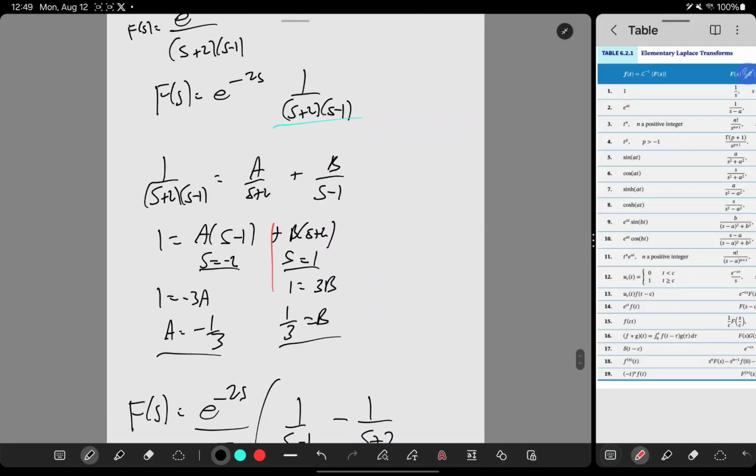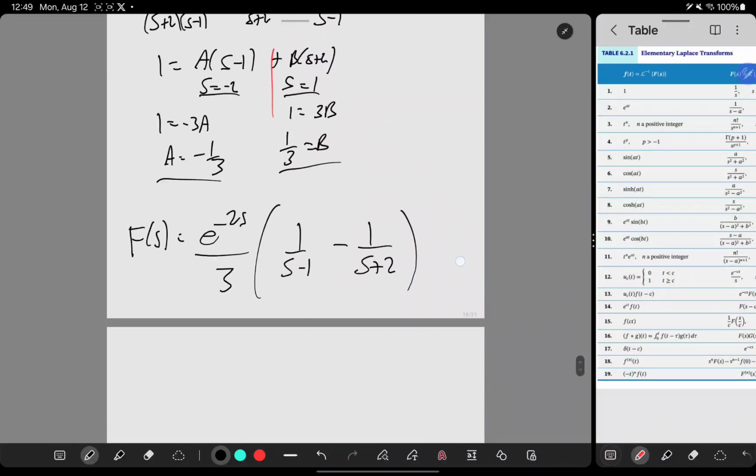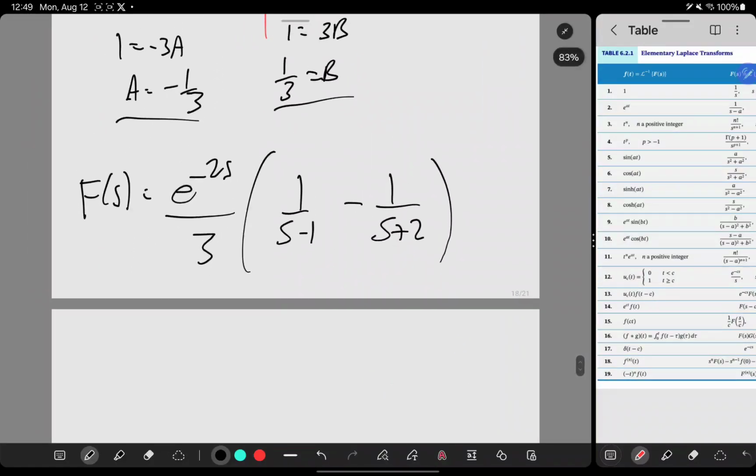I just moved them around, the a and b. Flip them. Okay. So this is where it's tricky. This is where I was confused. I remember this got me a year ago when I was in the class as well.